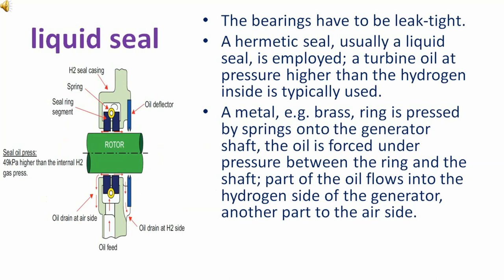A metal, for example brass, ring is pressed by springs onto the generator shaft. The oil is forced under pressure between the ring and the shaft. Part of the oil flows into the hydrogen side of the generator, another part to the air side.